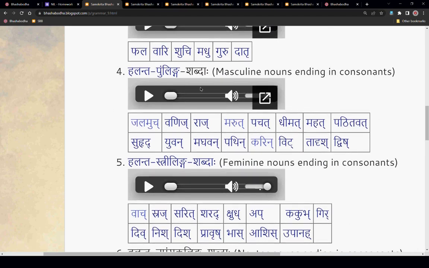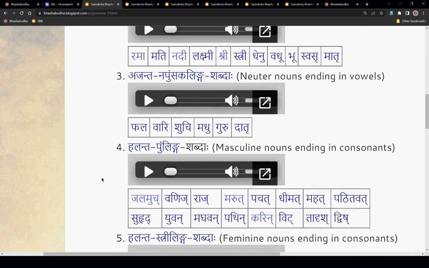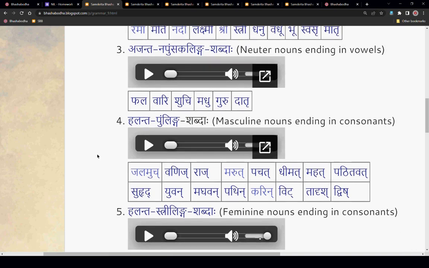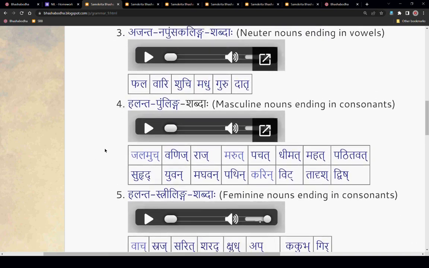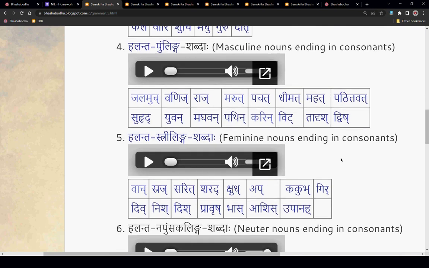Then coming to words ending in Vyanjanam. The first part was base words ending in Swara, but base words ending in Vyanjanam are much easier compared to those ending in Swara. If you remember one thing, everything becomes very easy.